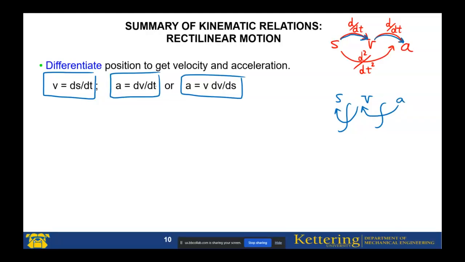If I eliminate the time from these two equations and relate them together, I can find this equation. In this equation, there is no time. As you can see, this one includes time, finding the derivative with respect to time. This one is the derivative of velocity with respect to s.